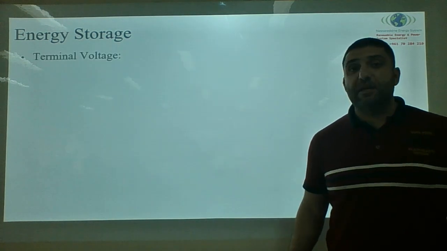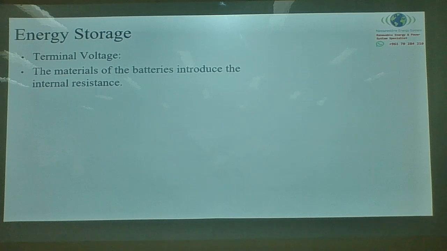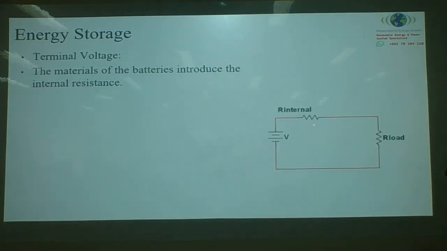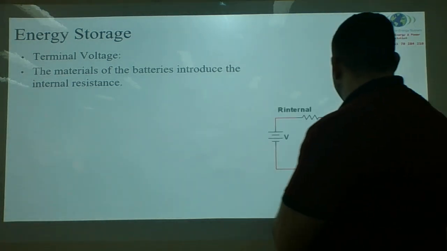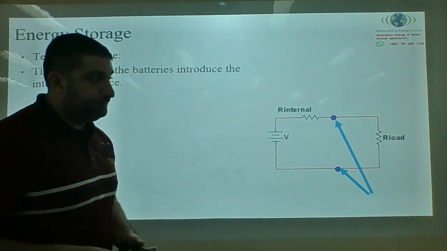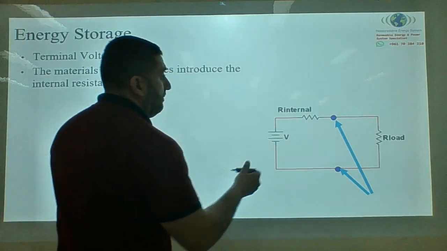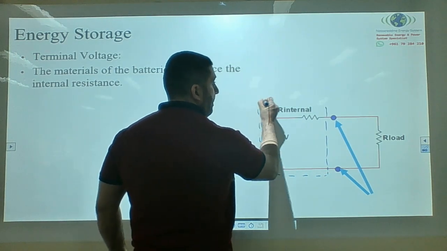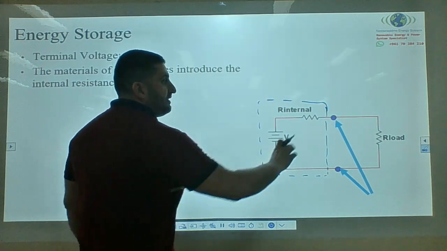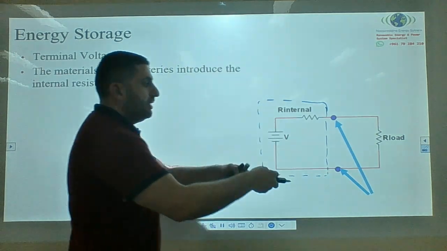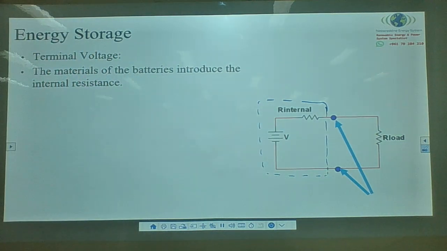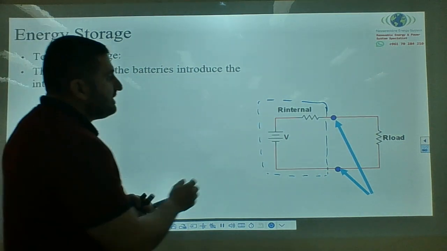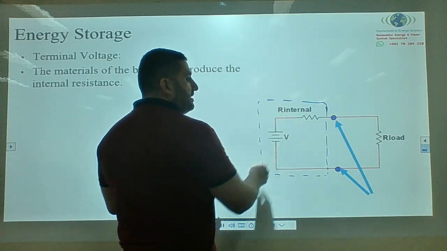Let's go step by step. Terminal voltage. This is my battery system. I have the terminal of the battery where I connect my wires. Guys, inside, the battery has an internal resistance.